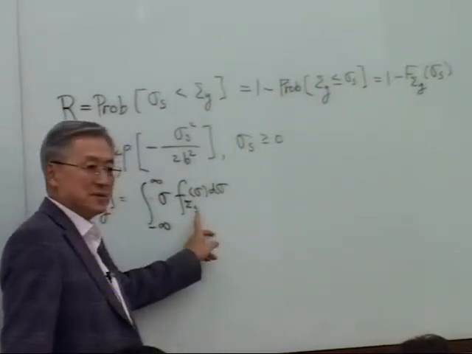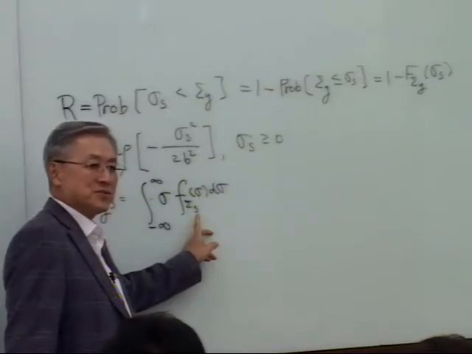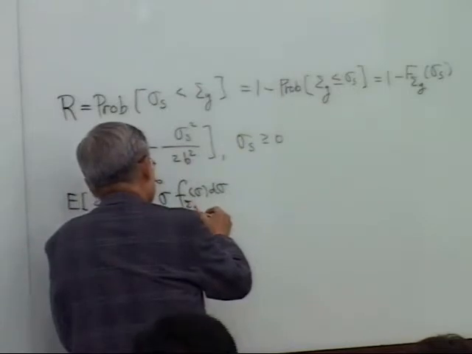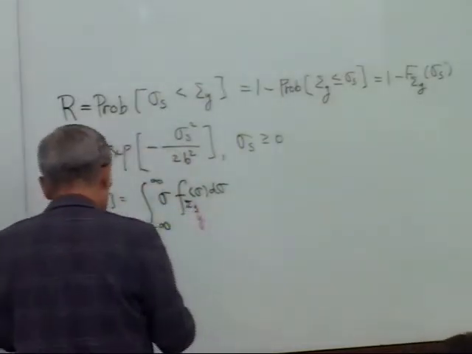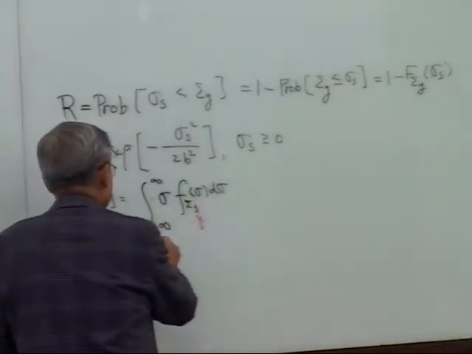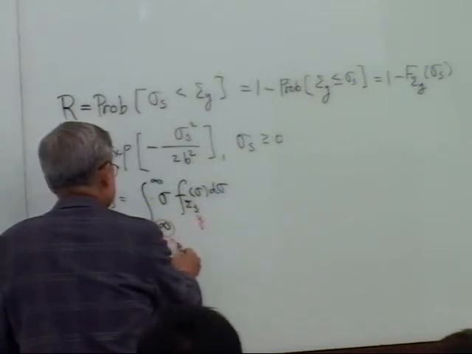This one is wrong. The S, the actual stress, is deterministic in our case. So this should be y. Then what's wrong here? What about the lower limit? It should be 0.